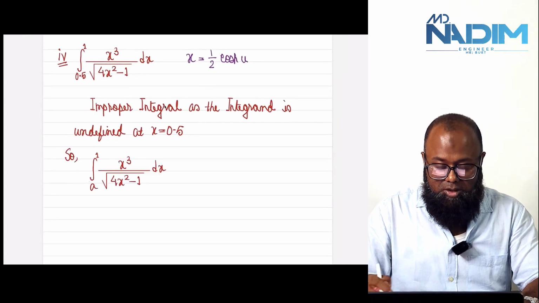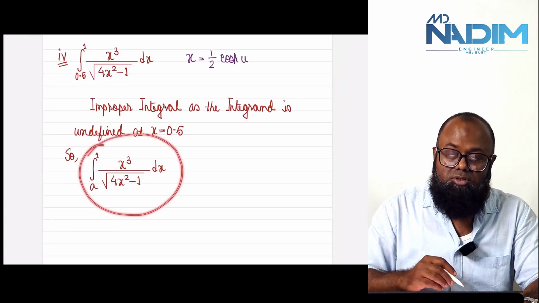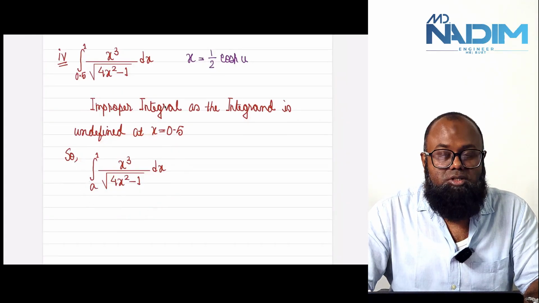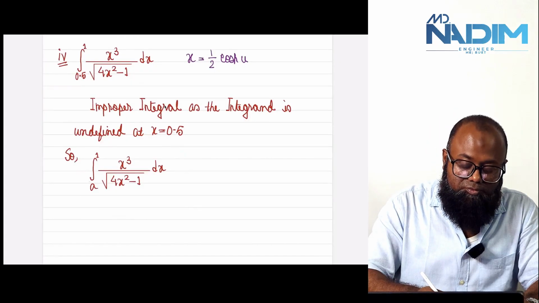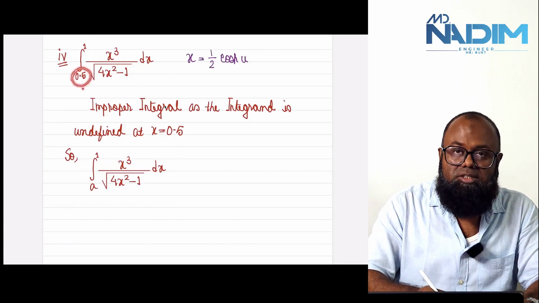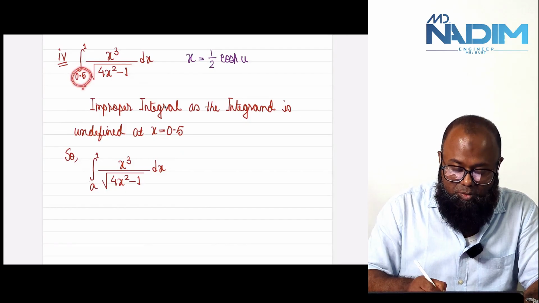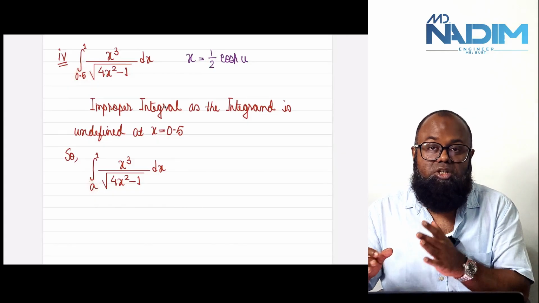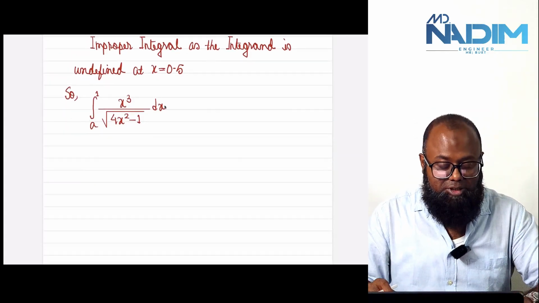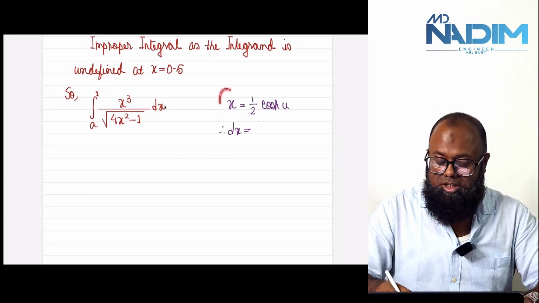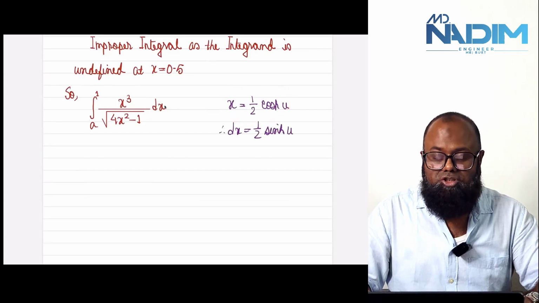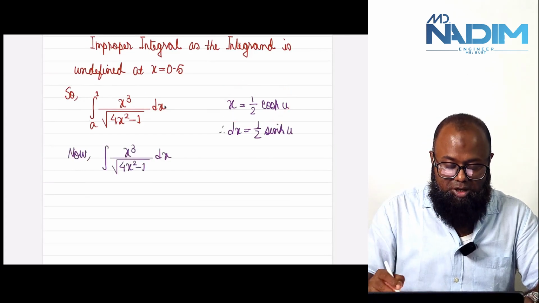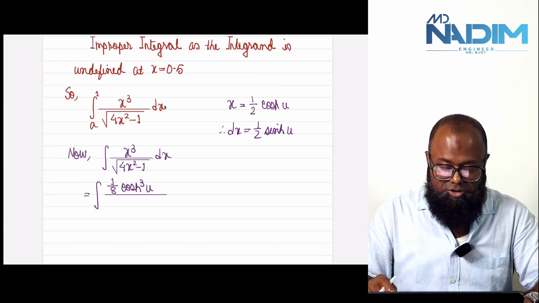Now, I have to do like this. The concept was taught in P1. The value that makes it infinity, take this one as a and then do the integration. And then complete the integration, guys. So dx is equal to half sine u. Now you can put the values here, substitute it.